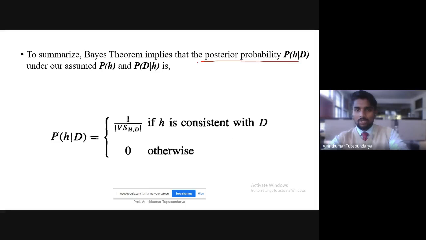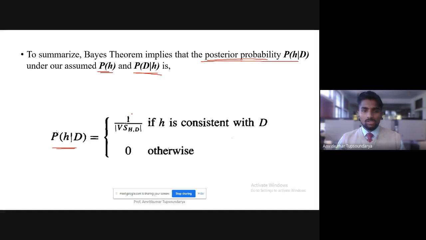I'm again repeating this: it implies that the posterior probability, which is P of H given D, the probability of the hypothesis given data, under our assumed, and this is very important, on the basis of the three assumptions that we have taken, P of H and P of D given H, the posterior probability P of H given D is equal to the ratio of 1 to the Version space size if the data is consistent with D. Otherwise, it will be 0.